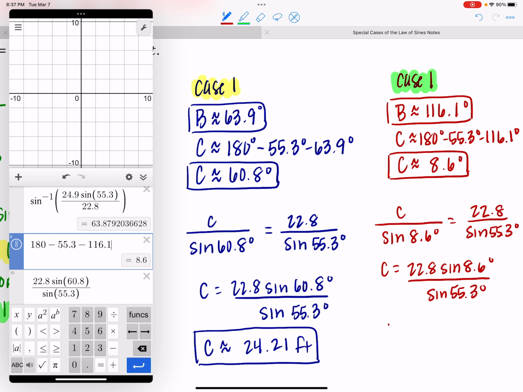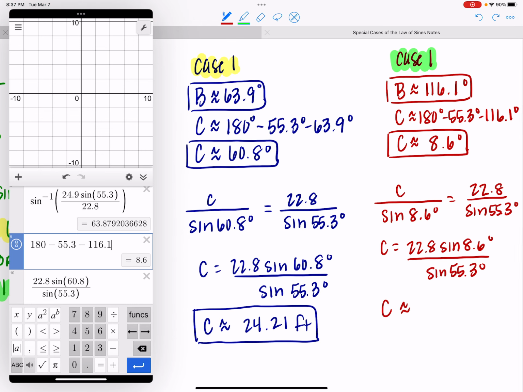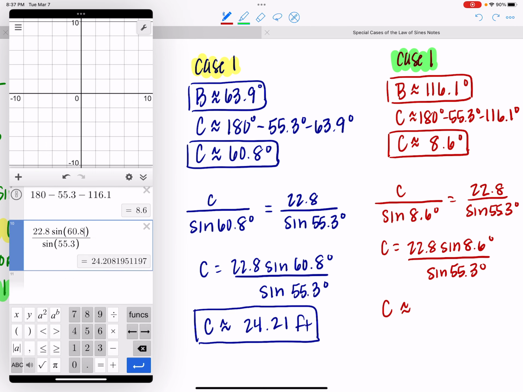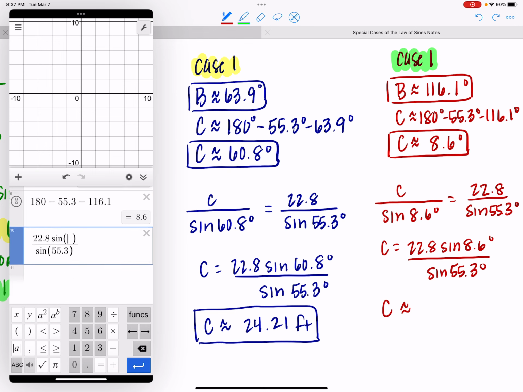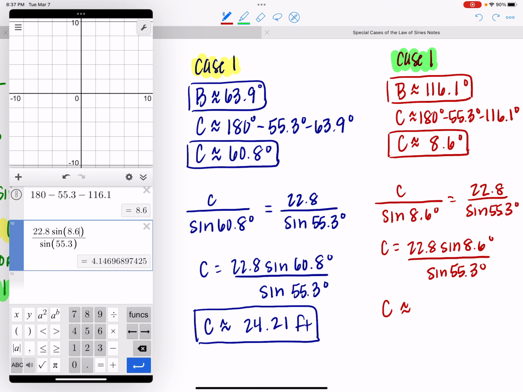And then we go to the calculator to get that approximation. And again, almost the same thing we have here. We just need to swap out with our new angle. Oops, and I already have my calculator here, so I can just replace the 60.8 with 8.6, which means for this case, C is going to be about 4.15 feet, and we did it.